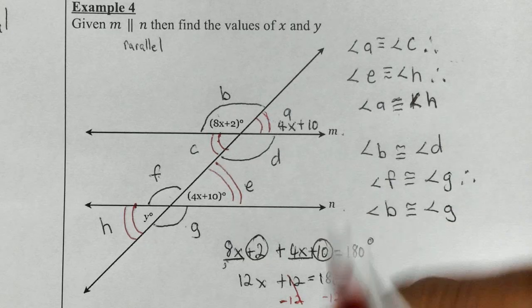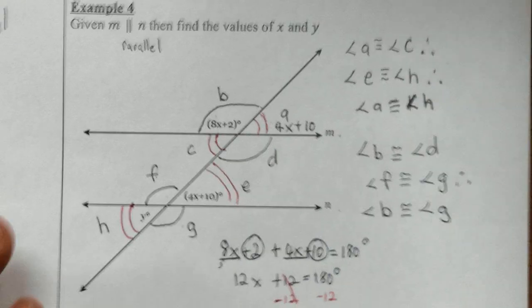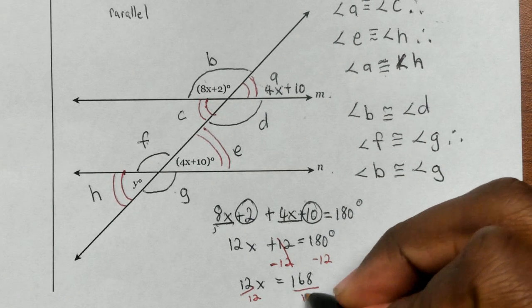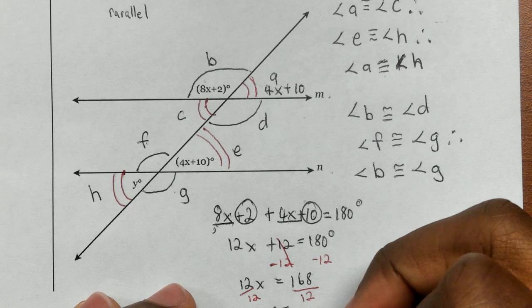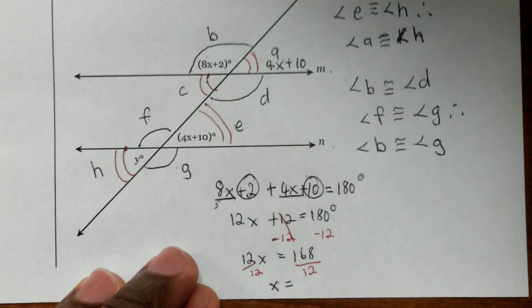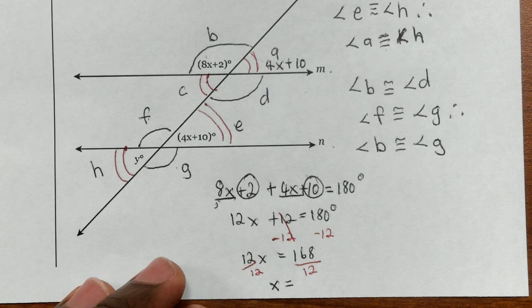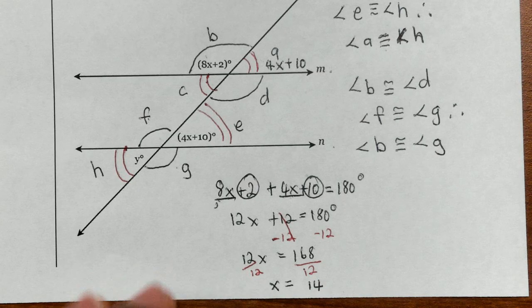Then we just divide both sides by 12 so that I can find the value of x. X will be equal to 168 divided by 12 is 14. So x is equal to 14.